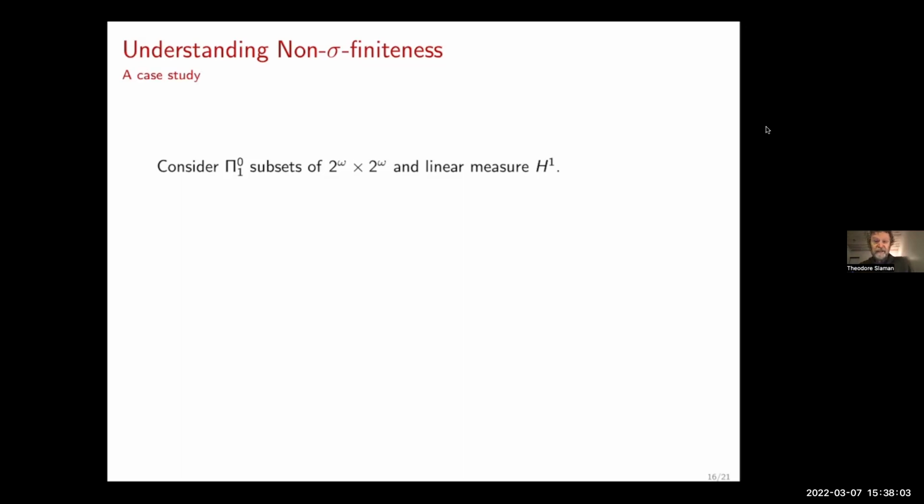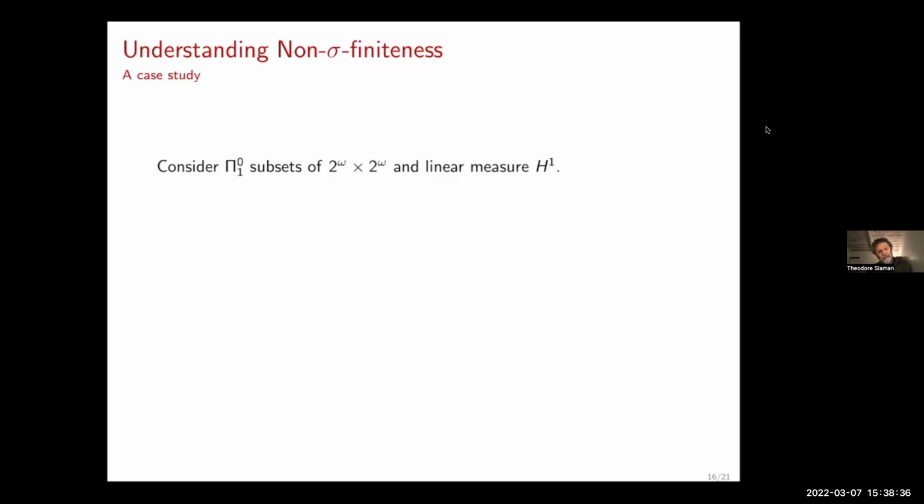So let's make everything tangible. I want to look at Pi01, so effectively closed, subsets of 2^omega cross 2^omega. So something like the context in which these examples occurred, except I'm not going to look in the reals because I don't want to get into representation issues when we start to do the recursion theoretic analysis.